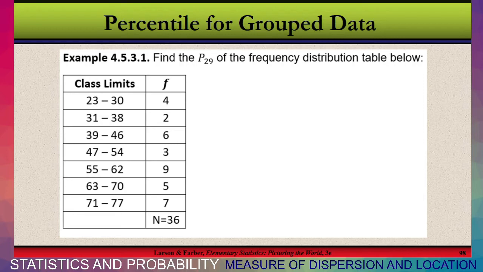Mali, 78 yun. 71 to 78. Kung napansin yung typo, ang frequencies ay 4, 2, 6, 3, 9, 5, 7. Hindi naman siya naka-apekto sa solution mismo.